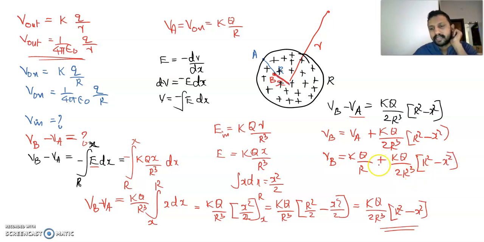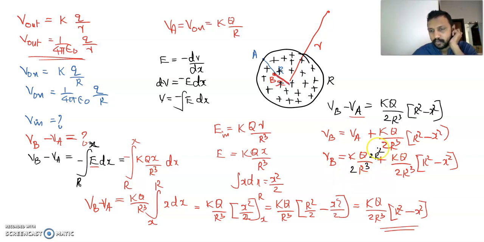Okay, then I am creating the common term in both, that is, over here it is kq divided by 2R cube. In order to create a term like this, let me say I am multiplying and dividing by a 2. Then if I am multiplying with an R square over here, I could make this R cube.